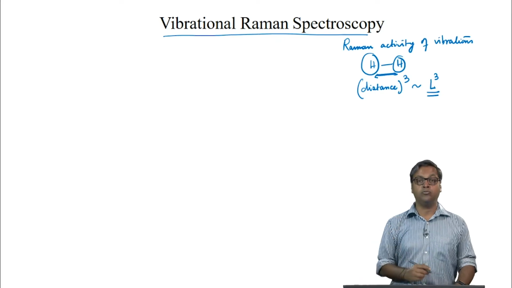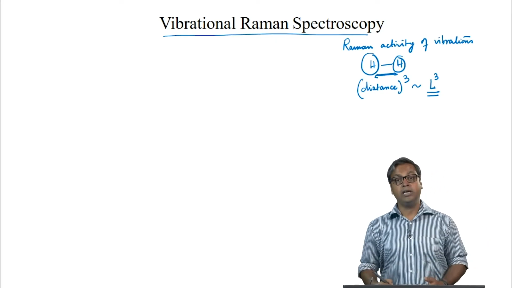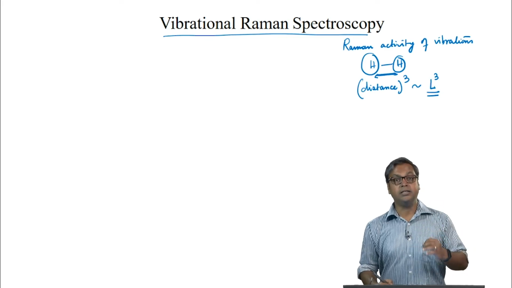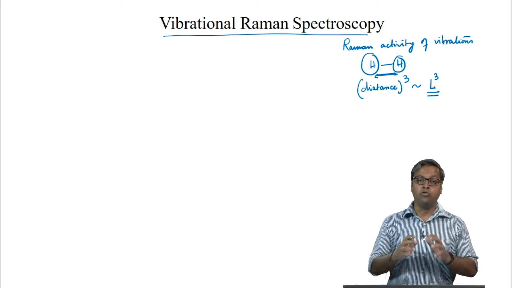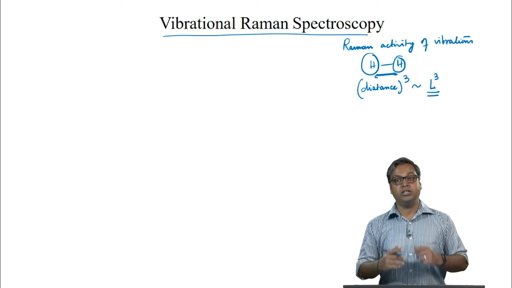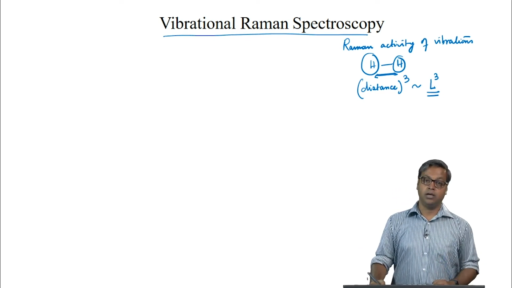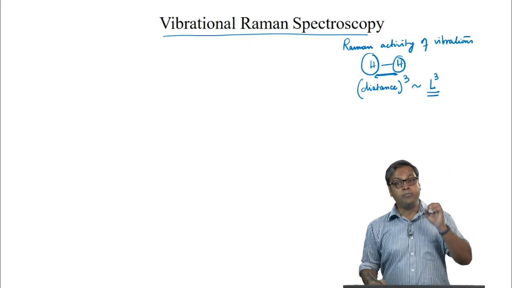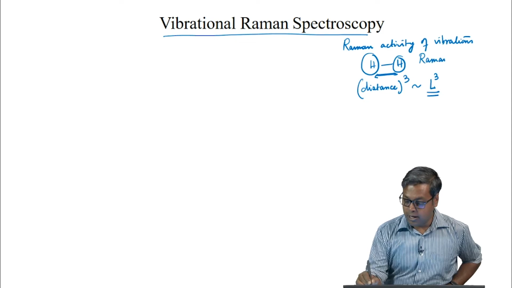So, length cubed or distance cubed is volume. Thus, a change in volume indicates a change in the polarizability. Thus, during the vibrational motion of a diatomic molecule, the volume changes, and thus the polarizability will change. And so, this vibration is Raman active.